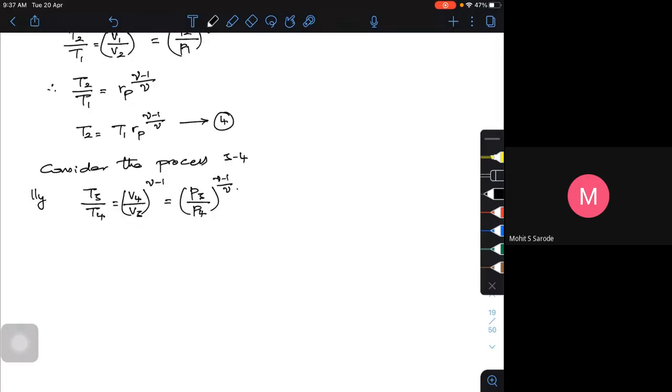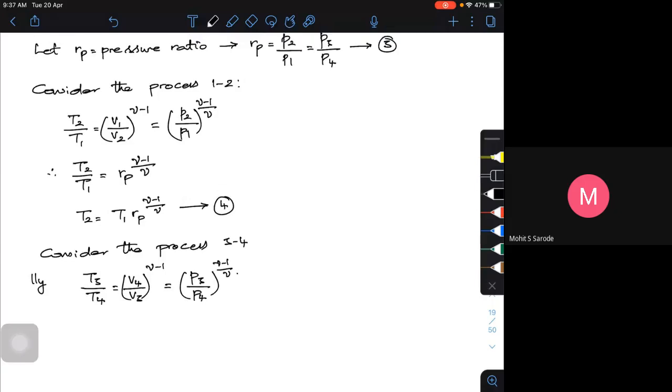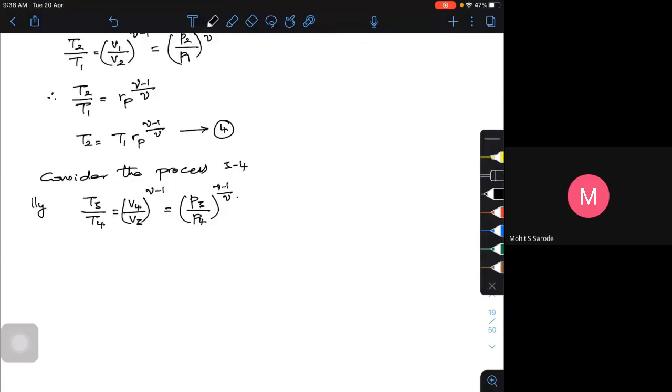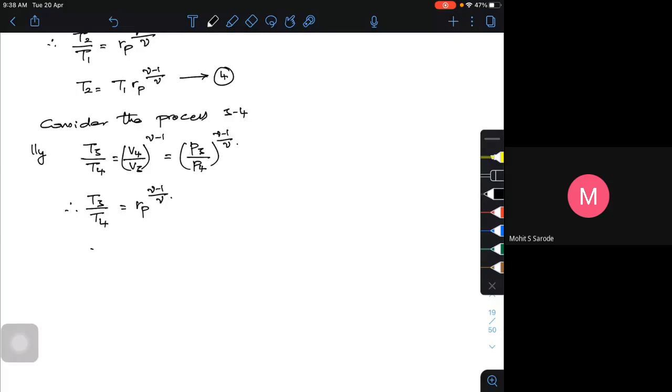P3 by P4 we have just defined as Rp. So I can write T3 is equal to T4 into Rp to the power of (gamma minus 1) by gamma. Let me call that equation number 5.